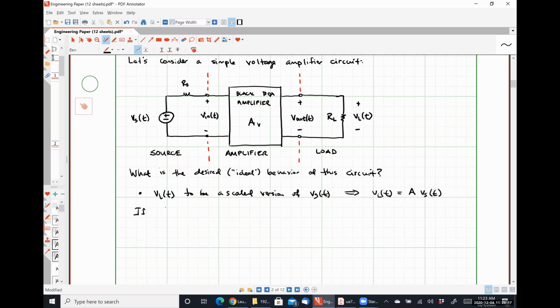So if we look into the input terminals, we see an equivalent resistance that we're going to call Rin. What do you think will happen if we disconnect the load and look into the output terminals of the amplifier?